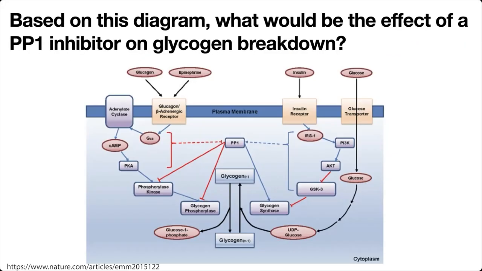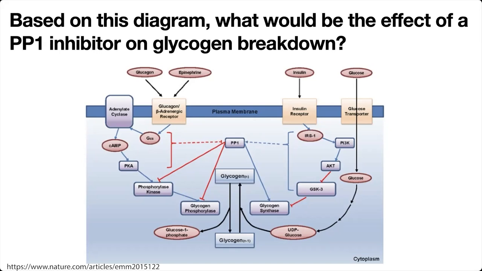What would be the effect of a PP1 inhibitor on glycogen breakdown? So now we want to inhibit PP1. Or we don't want to, but we have the question where it wants us to. And so if we inhibit that, what's going to happen? If we inhibit PP1, we're not going to activate glycogen synthase. If we're not activating glycogen synthase, we're not going to be making glycogen. So we stop making it.